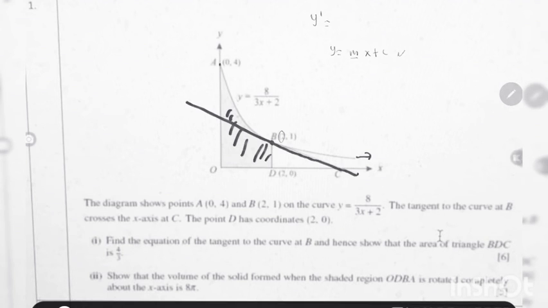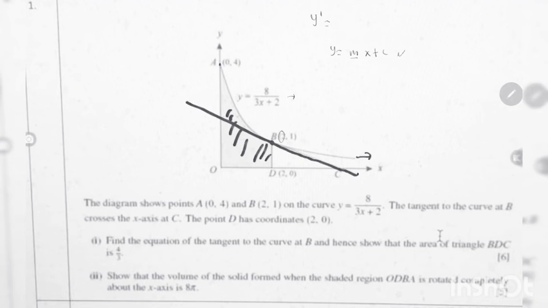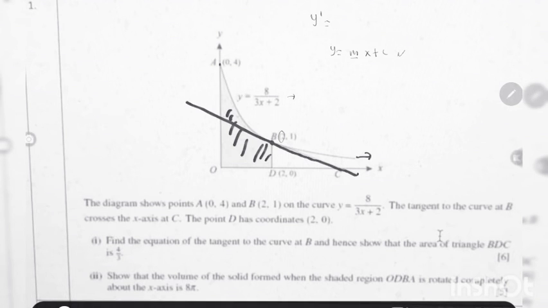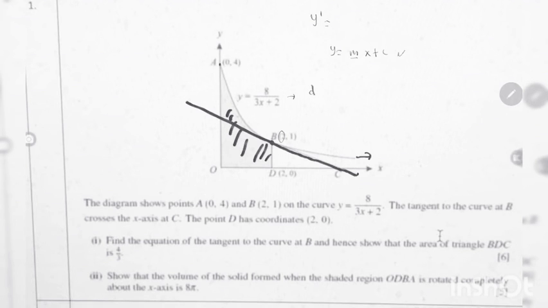Okay, now how do you find the first derivative of y equals 8 over 3x plus 2? In this case, it looks like we are differentiating u over v, right?